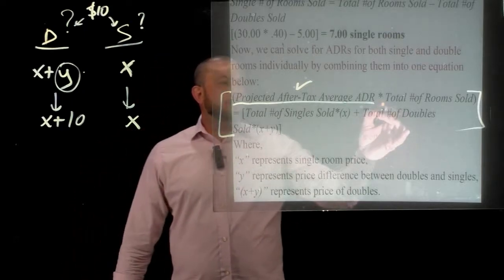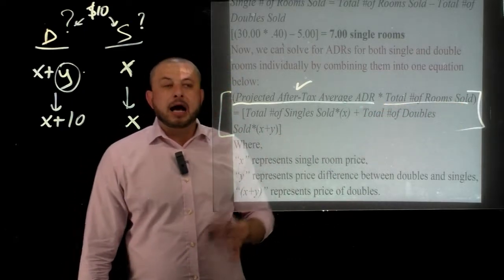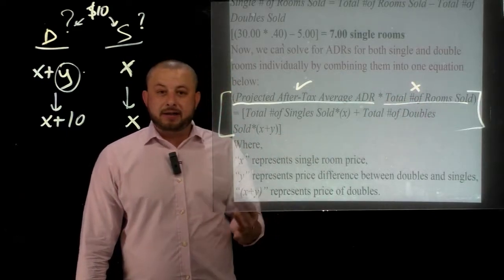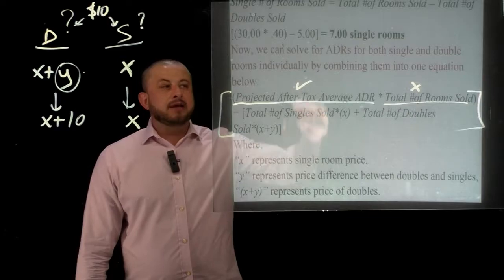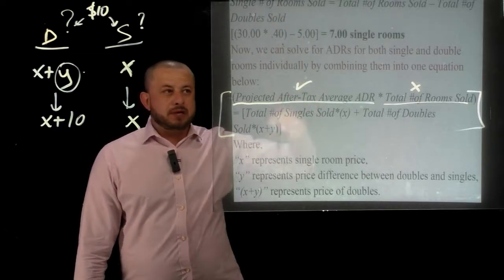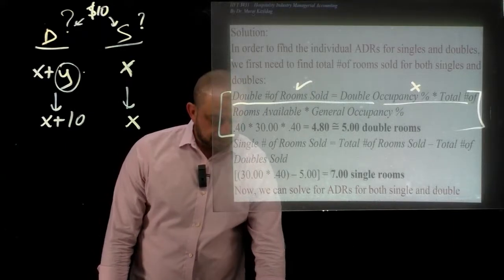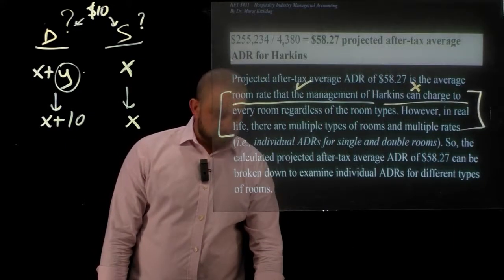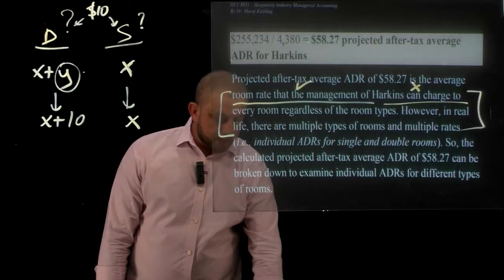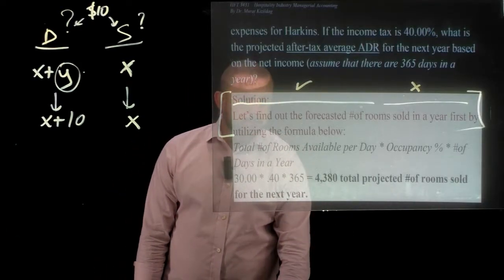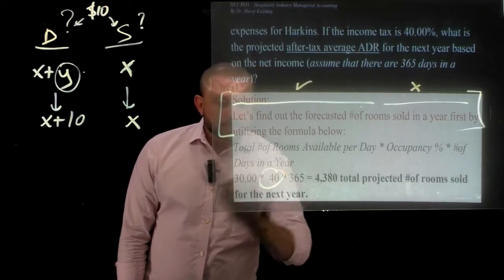Do I know total number of rooms sold? I don't. Can I find it? Yes, I can. So I don't know this, but I can find it, right? Because I know that there's an occupancy percentage in the previous example. The occupancy percentage in the previous example was, I'm trying to find it, 40%, okay?